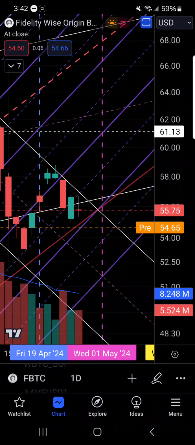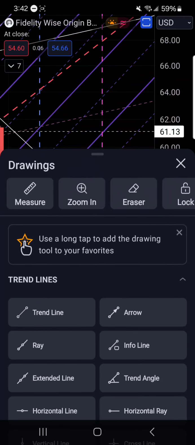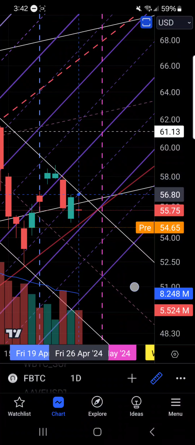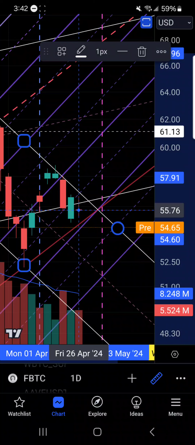Maybe not quite as many, but from where we closed out on Friday to where I think we're going to go, where we could possibly close today.